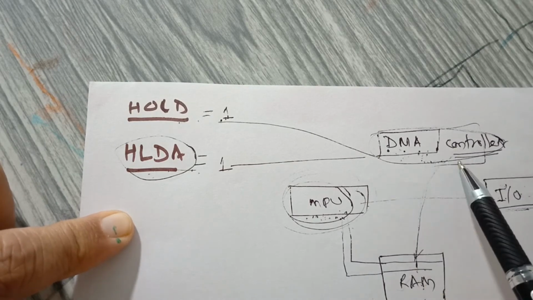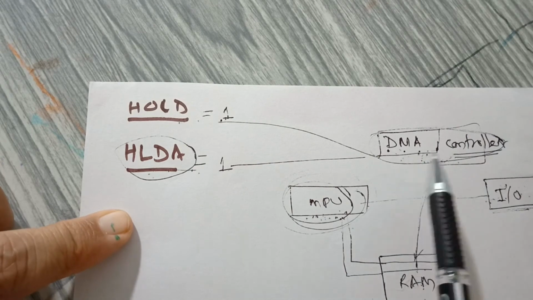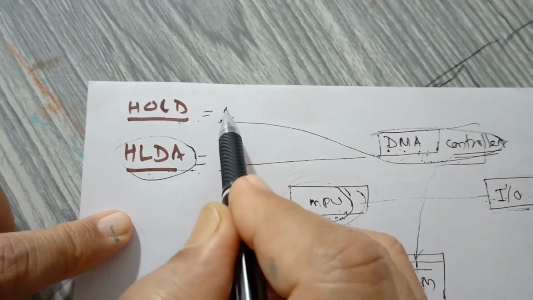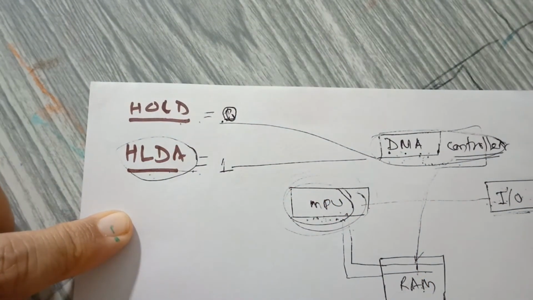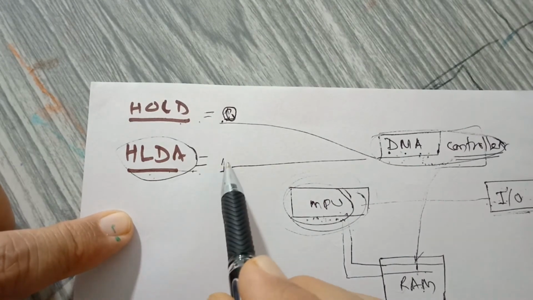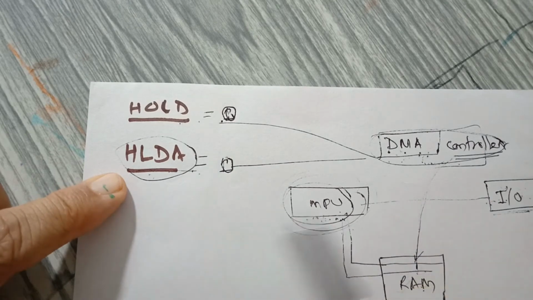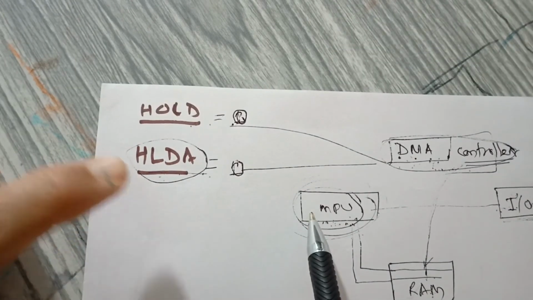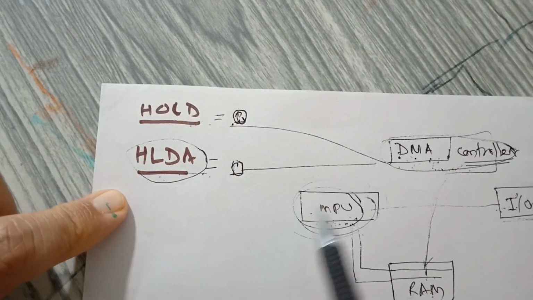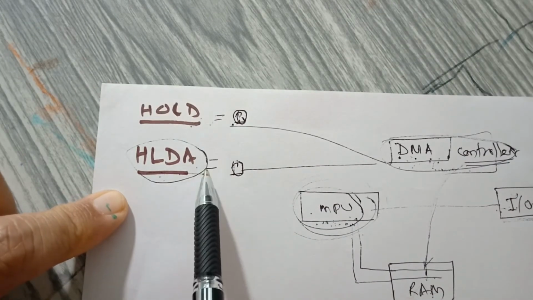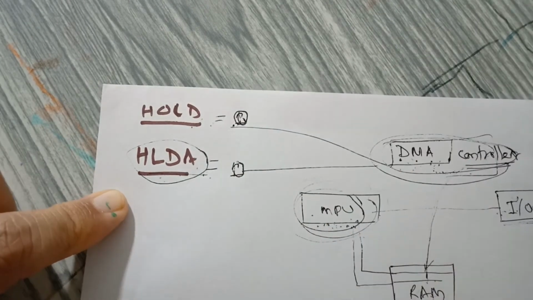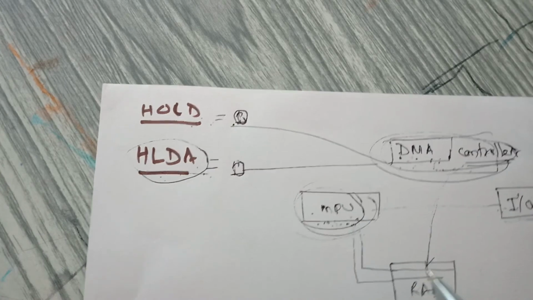Upon completion of the data transfer, the DMA controller will make the hold request low, then the microprocessor will make the acknowledge low, and the microprocessor will resume its own program. So these are the two pins that facilitate direct memory access.